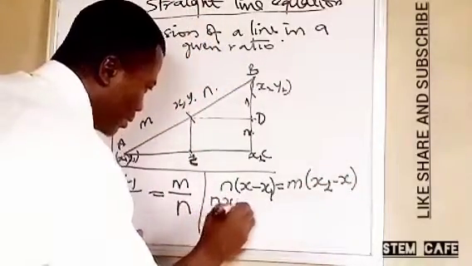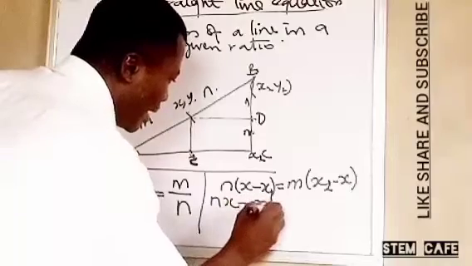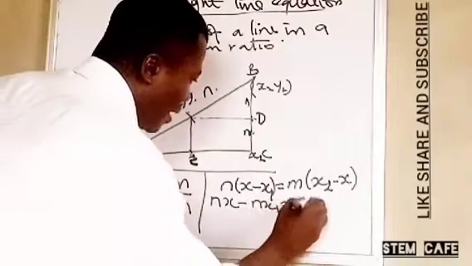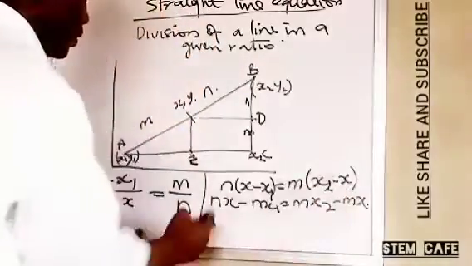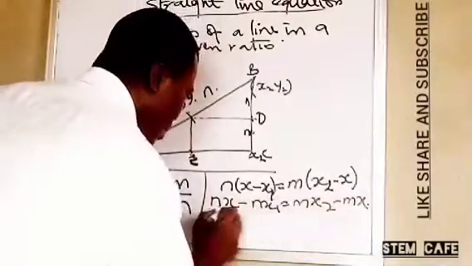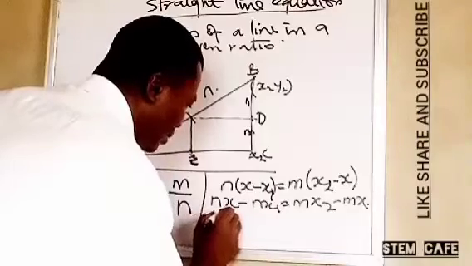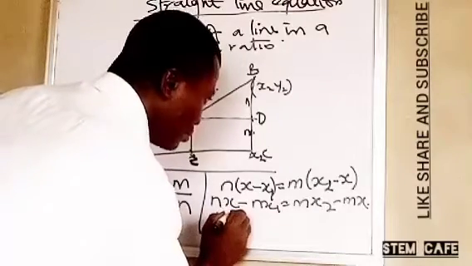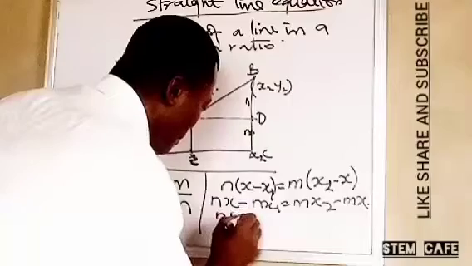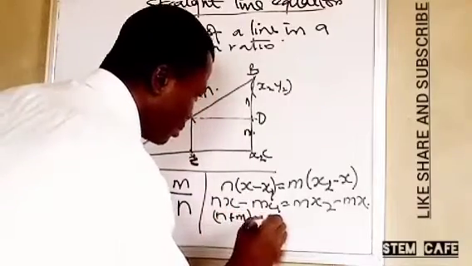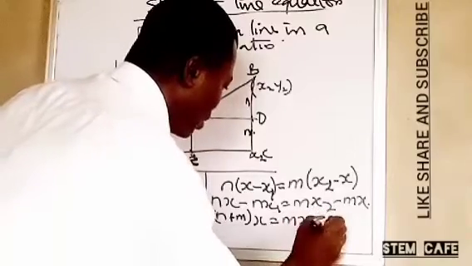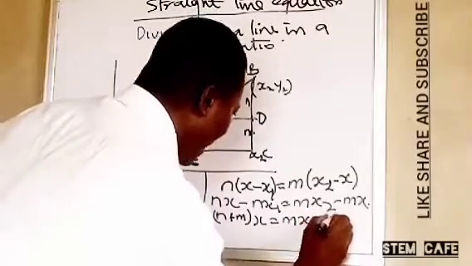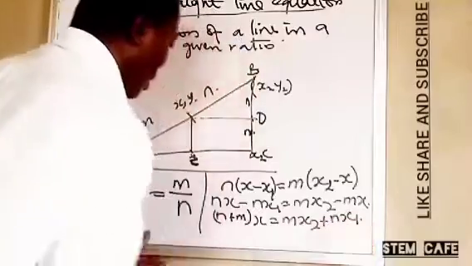So nx minus nx1 equals mx2 minus mx. Now I'm going to have it like this: m plus n into x will be equal to mx2 plus nx1.